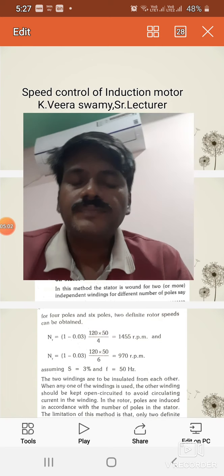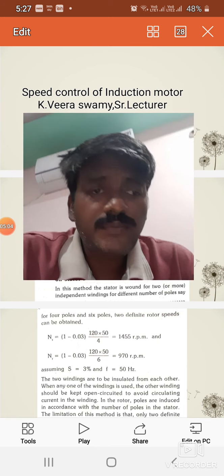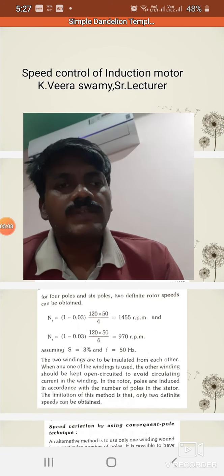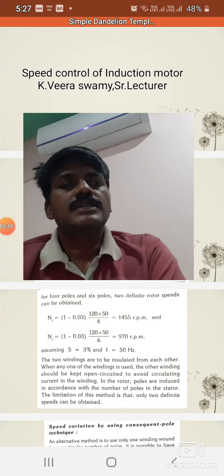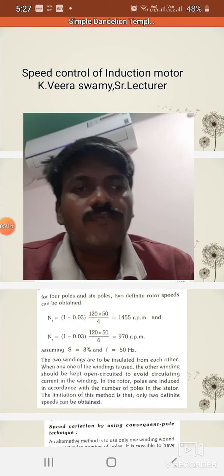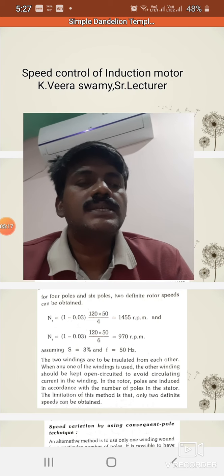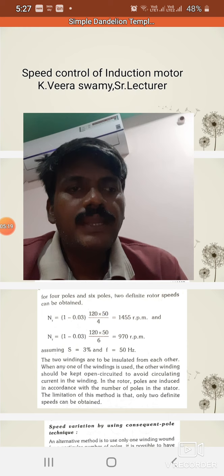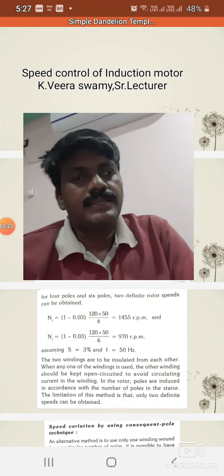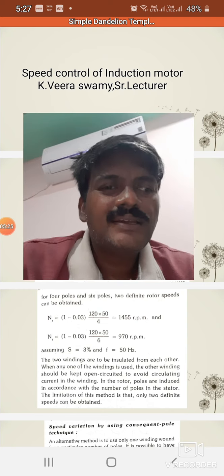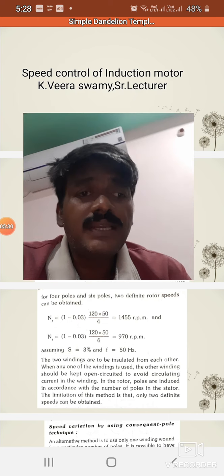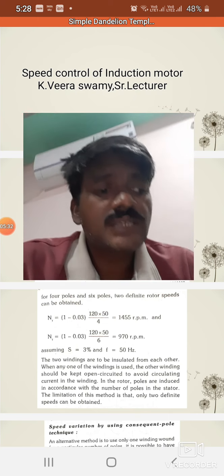Here P is constant, so frequency. Simply by changing the supply frequency, speed can be controlled. Right? That means when frequency increases, speed increases. But this method has some limited applications.